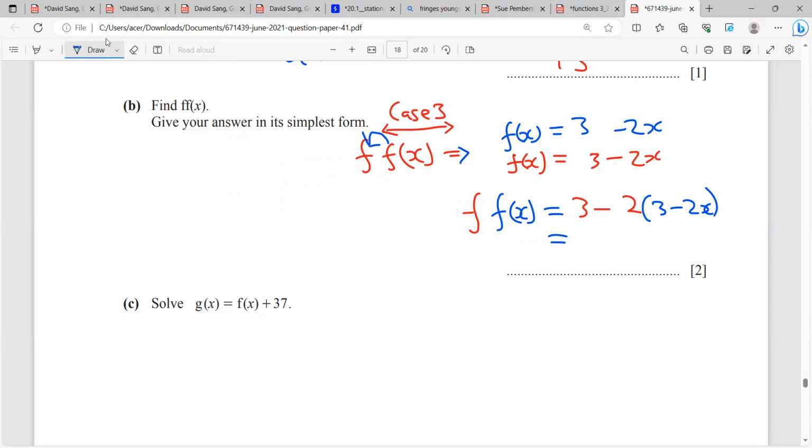So now we can simplify this. So 3 minus 6 plus 4x. And then our final answer is going to be minus 3 plus 4x.